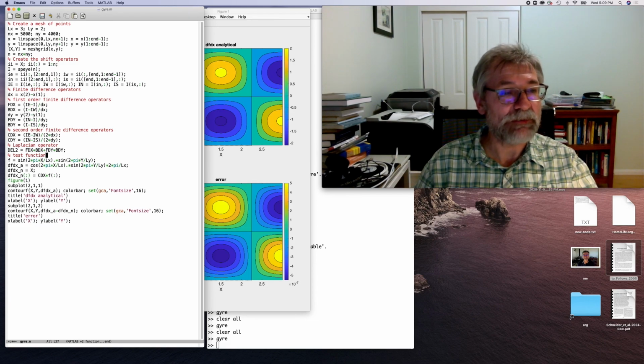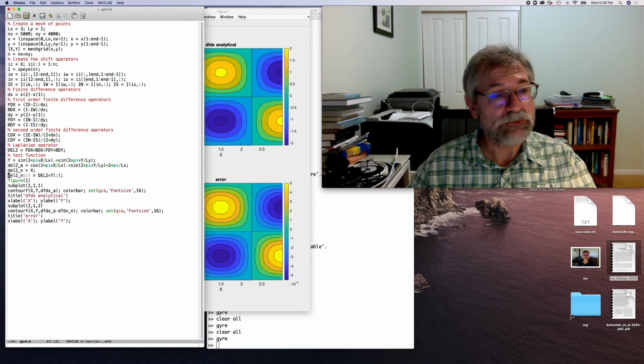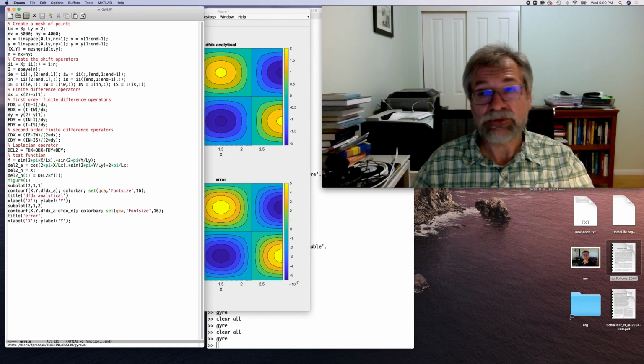We have this approximation. Now we will do the analytic derivative. So del 2 analytic, del 2 numerical, and the del 2 numerical will be del 2. So that takes care of the second derivative numerical.